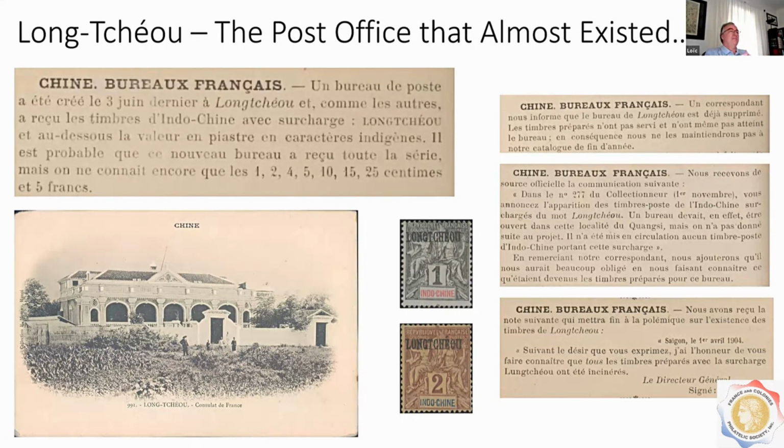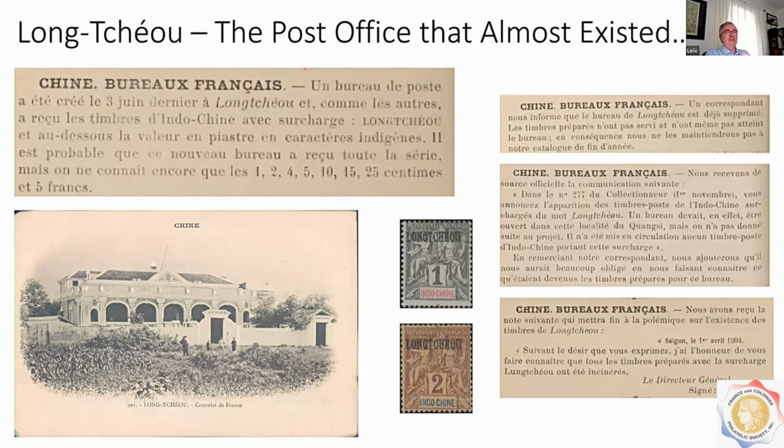There were supposed to have been stamps from Indochina with an overprint Longcheu. I'm showing you here two that are probably fantasies or fakes, made by somebody trying to create some very elusive stamps. Because according to the authorities and the general manager of the postal service in Indochina, all the stamps that were prepared with a Longcheu overprint were burned, so they were destroyed.